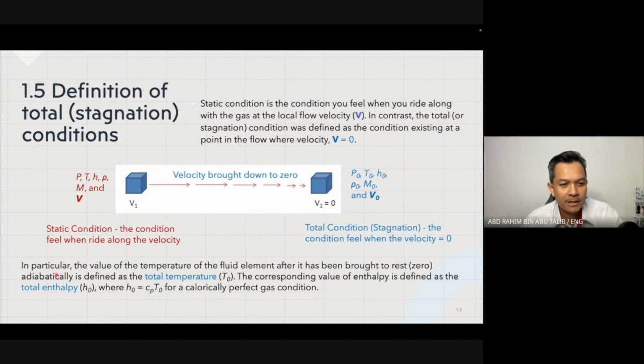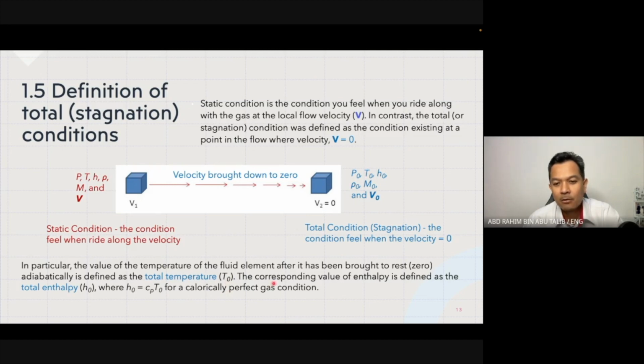In this case, the value of the temperature of the fluid element after it has been brought to rest adiabatically is defined as the total temperature. So from V1 to V2, the associated temperature we call the total temperature, T0.